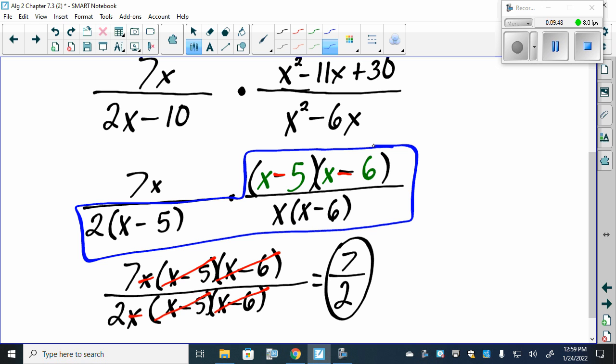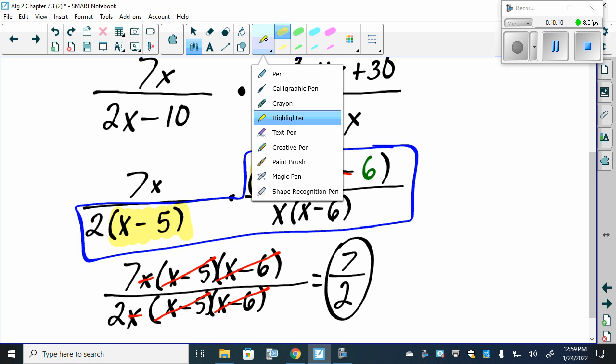Because we're trying to see what values of x are going to make anything in these spots 0. Now, we do have x minus 5 here, and we also have it here. So we do have it in 2 spots, and even though we do, that's only 1 zero. We only have to list it once.